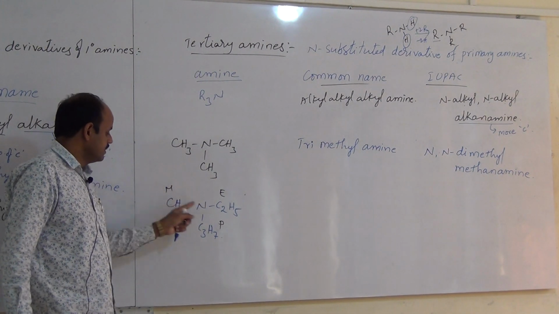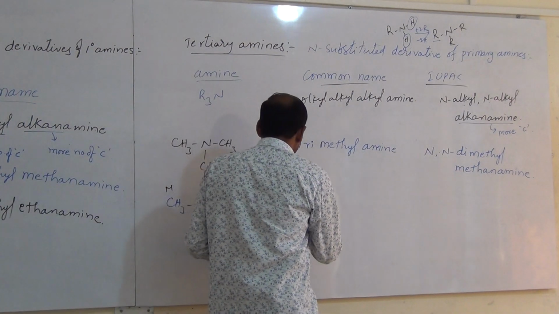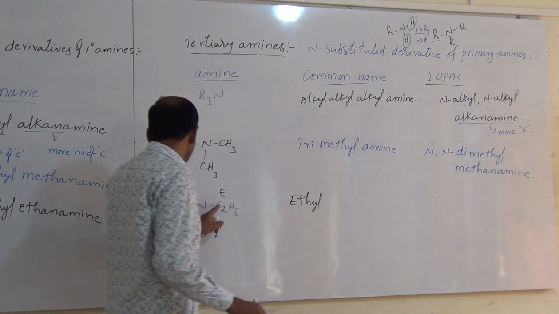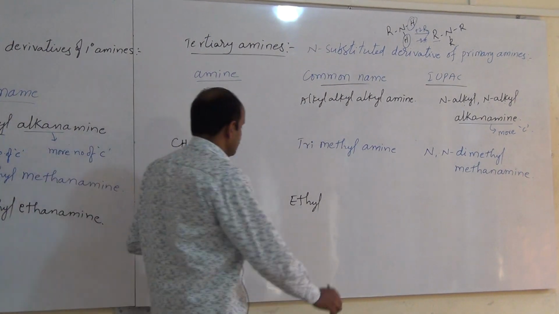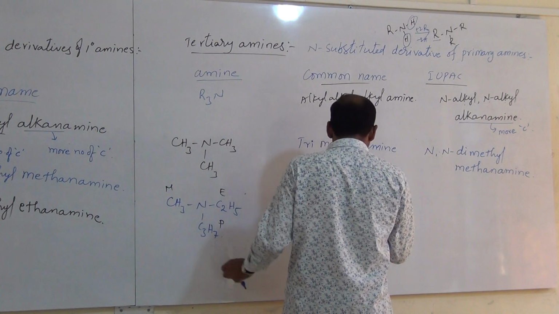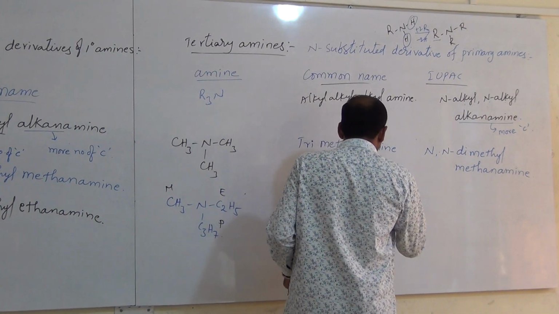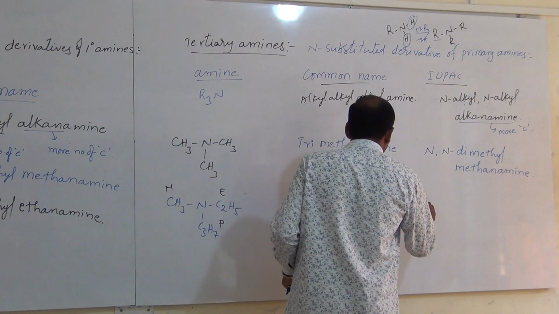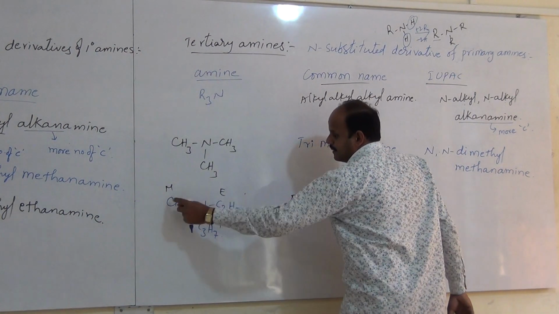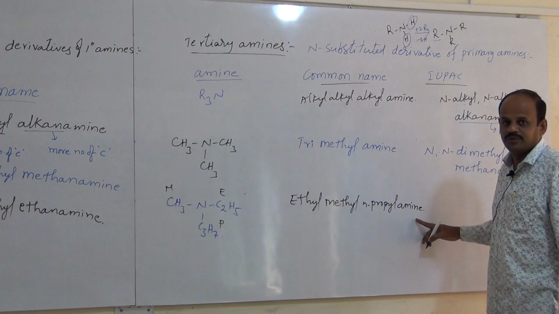E, next M, next P. Thus I should write ethyl first, next methyl, next propyl, then amine. So ethyl methyl propyl amine is the common name.